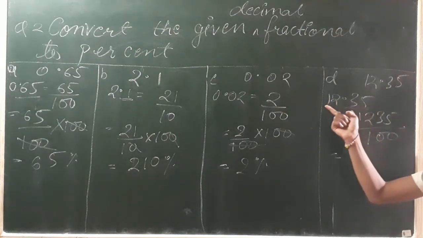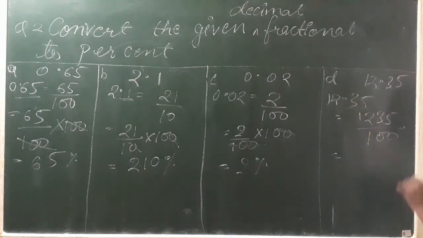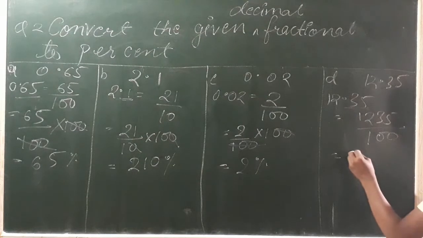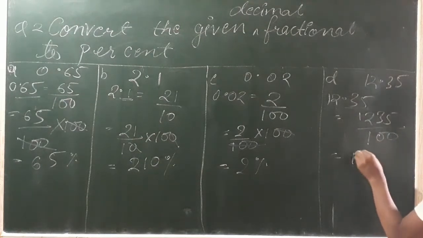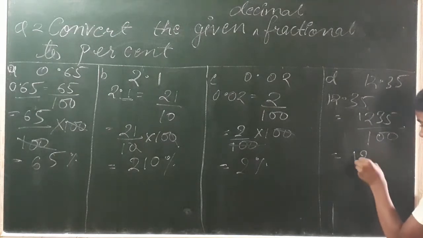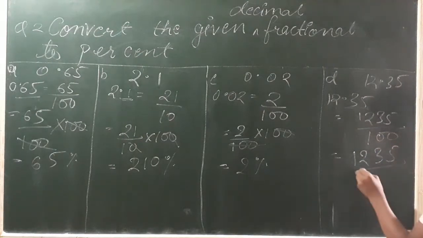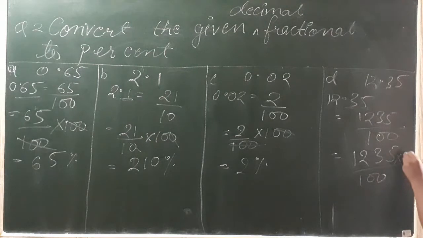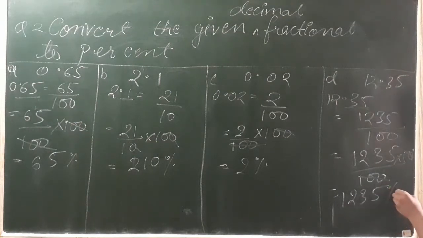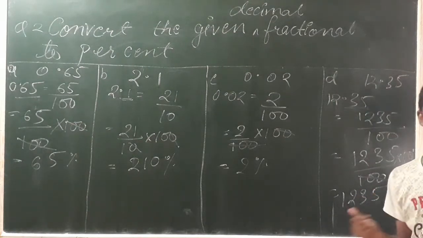If it were given as 12.356, then we would divide by thousand, but it is not given. So 12.35 divided by 100 and multiplied by 100, and this 100 cancels, so it becomes 12.35%. This is your answer. You can take screenshots also.